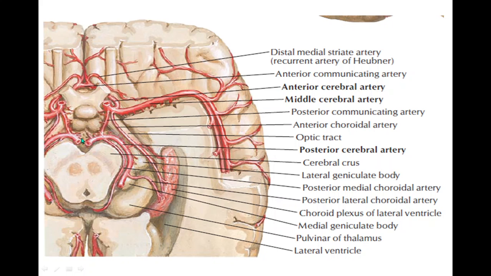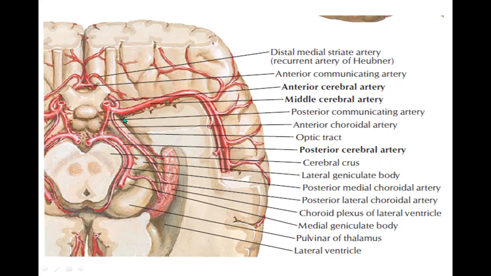They go deep into the white matter including the nuclei. So this is the posterior perforated substance, this is the anterior perforated substance, pierced by the central vessels of the posterior cerebral, middle cerebral, and anterior cerebral arteries.